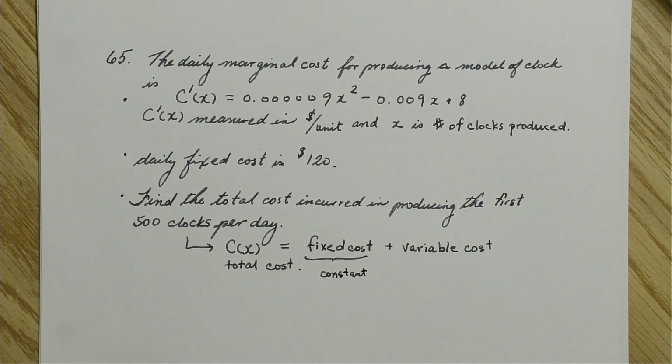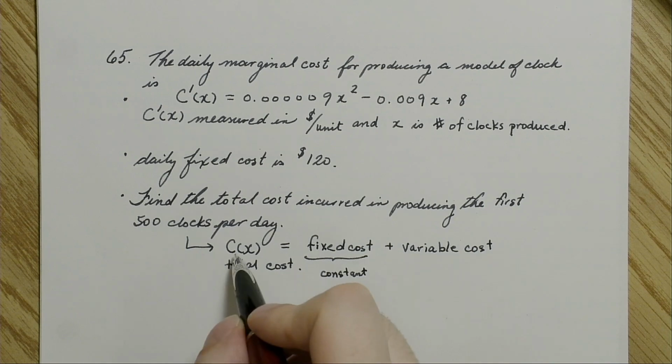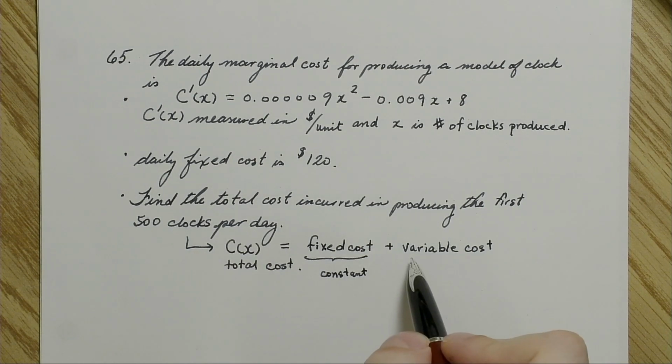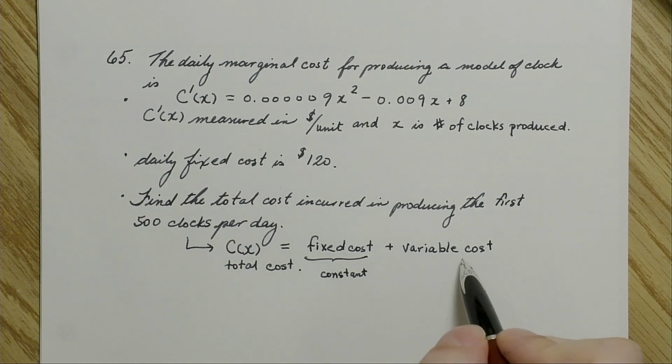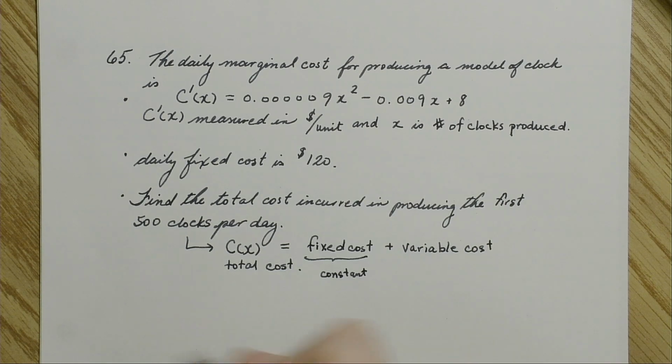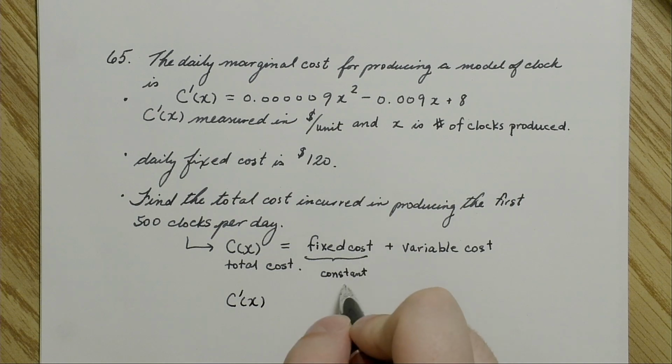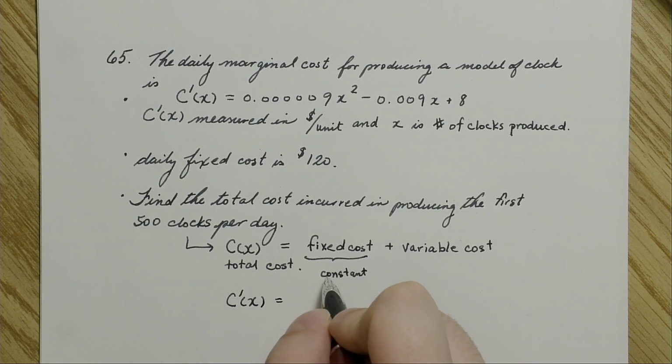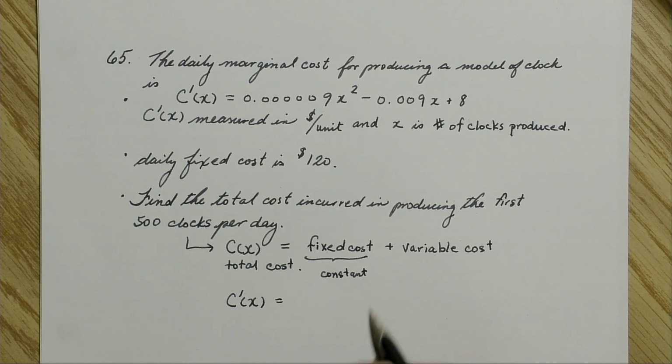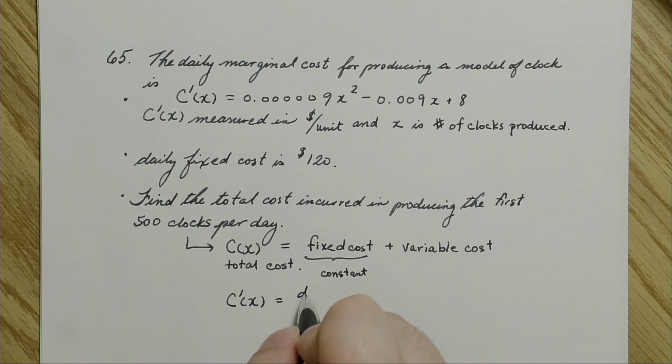So when we take the derivative of this, the fixed cost is a constant, which means that if we take the derivative of a constant, that's 0, so the derivative is just of the variable cost.